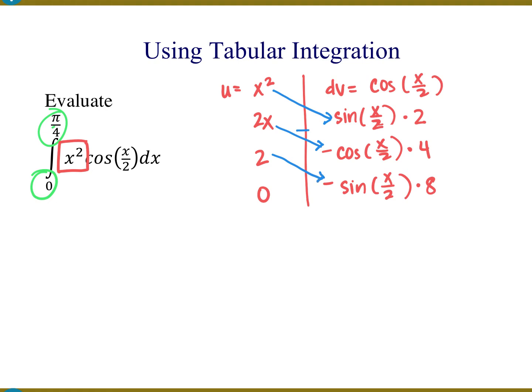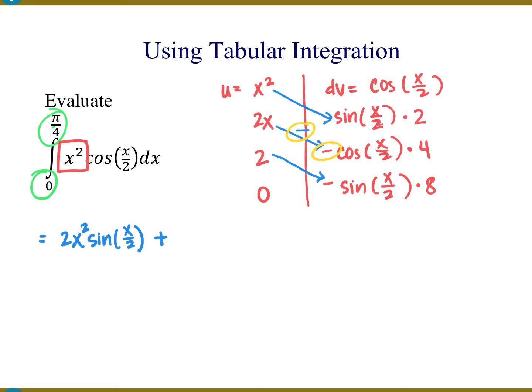Okay, so what do we end up with? We end up with our first pair, which would be 2x squared sine of x over 2. And then plus, because of the double, we've got a double negative here.